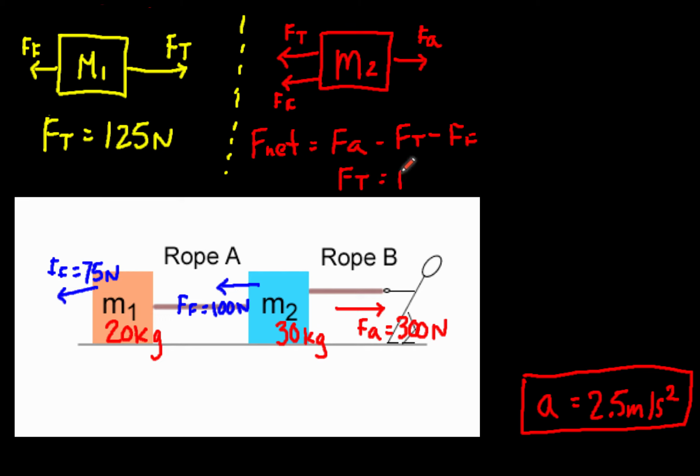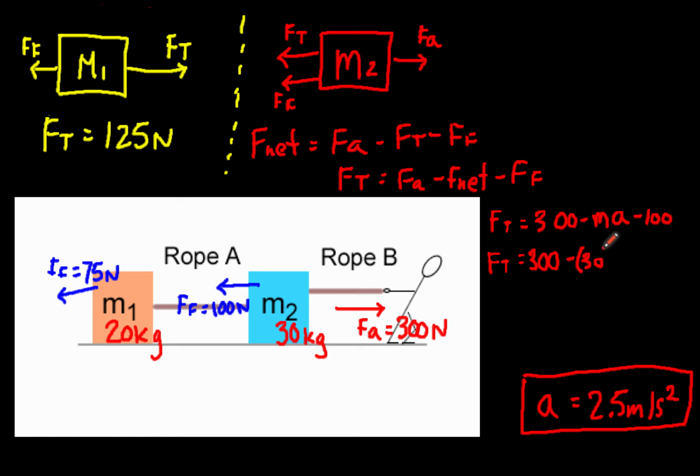Rearranging this for force of tension, we get force of tension equals force applied minus F net minus force of friction. Force of tension is the 300 newton applied force minus mass times acceleration minus the 100 newton friction force, which is 300 minus 30 times 2.5 minus 100, which gives us a force of tension equal to 125 newtons.